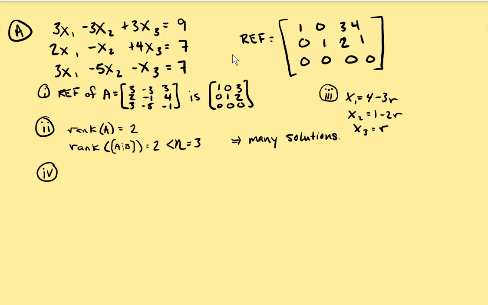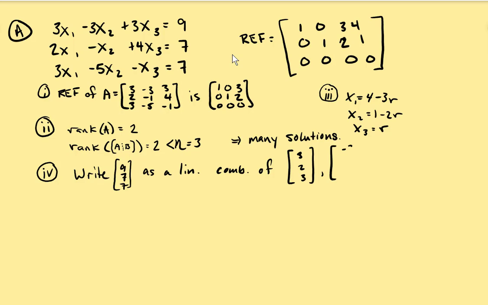So we want to write it as a linear combination of those column vectors of that coefficient matrix: 3, 2, 3, -3, -1, -5, and 3, 4, -1.